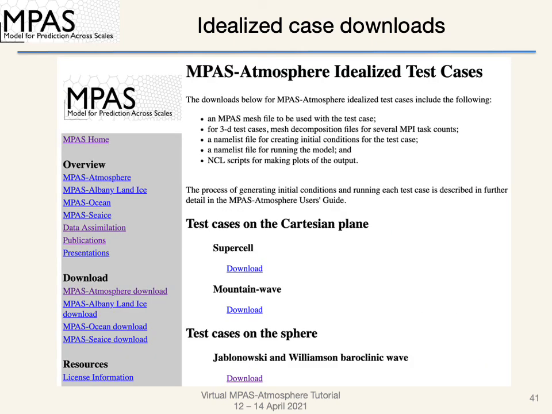That will take you to the following page, and you can see here that there are several different downloads for a supercell, which can also be used for a squall line simulation, a two-dimensional mountain wave case, and some idealized cases on the sphere, namely the Jablonowski and Williamson baroclinic wave family of cases. You can download one of these again, unpack it, symbolically link in your init_atmosphere and atmosphere model executables, and follow the README, and that's all there is to it.